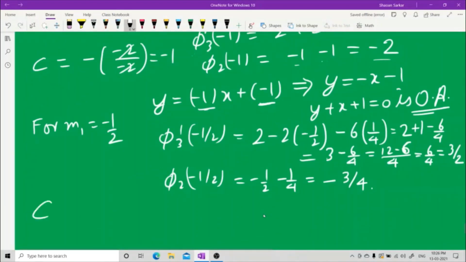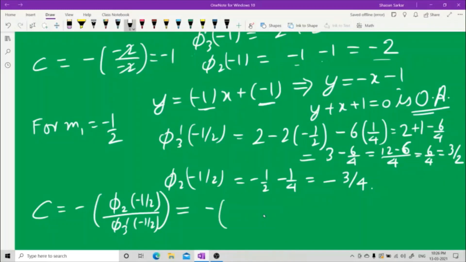Now let us do this. C is minus phi 2 at minus half whole by phi 3 dash at minus half. This is equal to minus, minus 3 by 4 divided by 3 by 2. So this is coming out to be minus and minus plus 3 by 4 into 2 by 3.